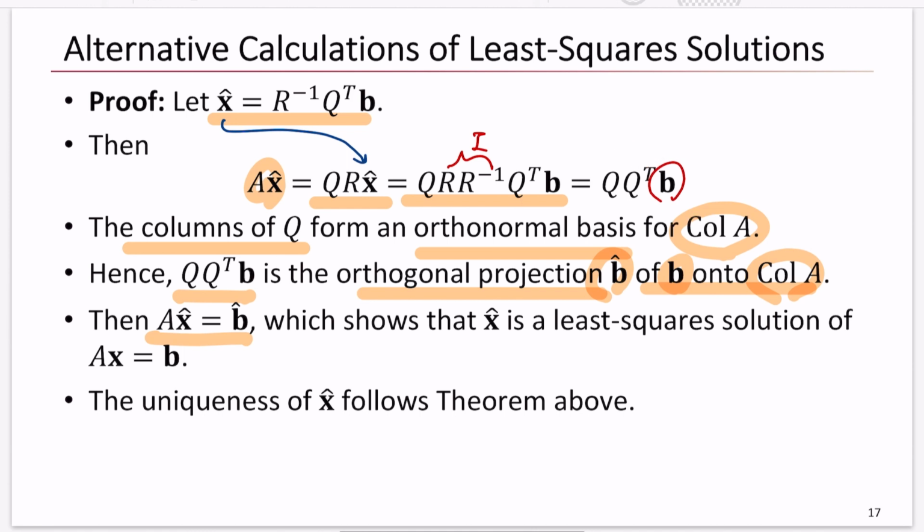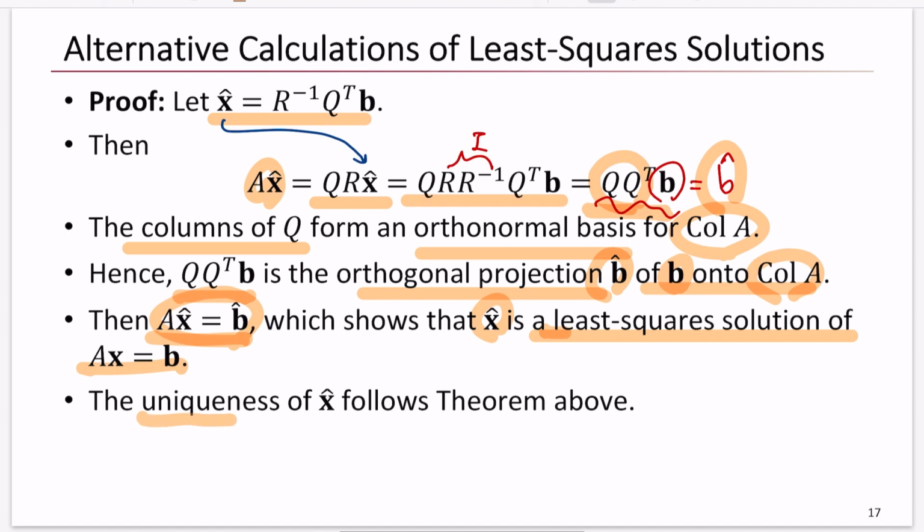Let's say this is b hat. Sorry, because Q times Q transpose is not an identity matrix, right? Anyway, A x hat is equal to b hat, which shows that x hat is the unique least square solution of Ax equals b.